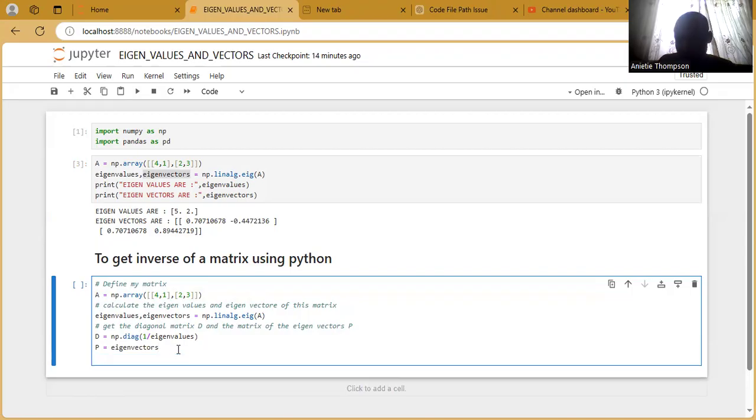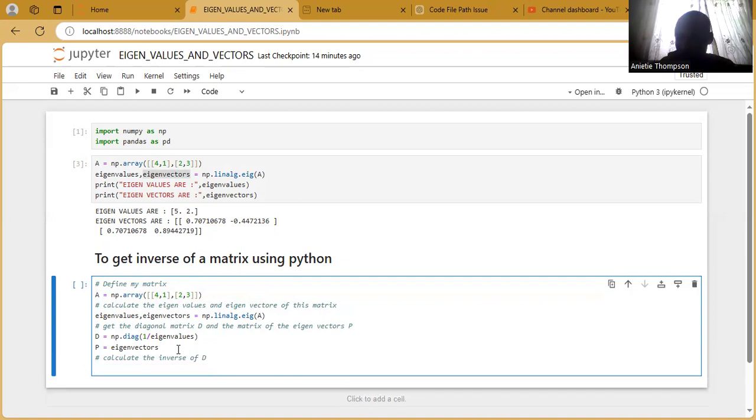What next? The next thing we want is to calculate the inverse of D. To calculate the inverse, let's call that D_inv, which equals, still using numpy, np.diag of 1 over the eigenvalues.